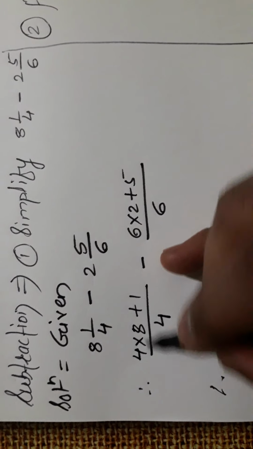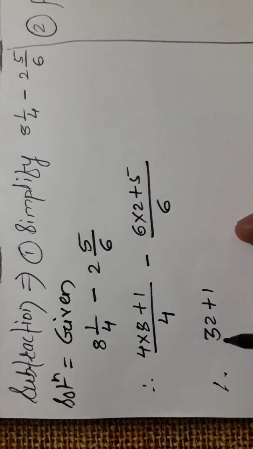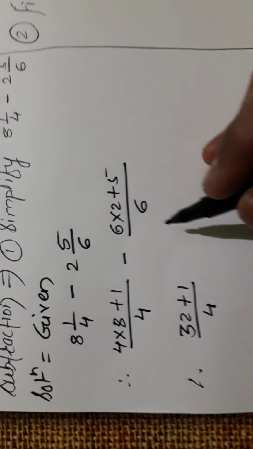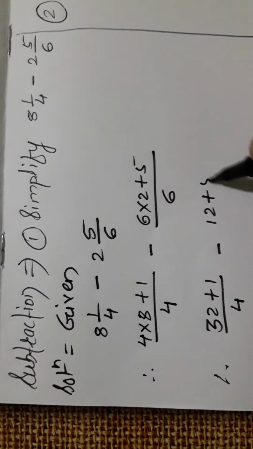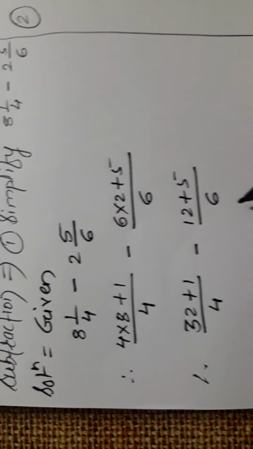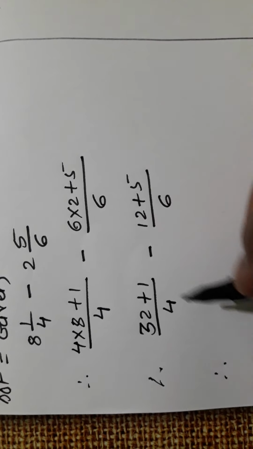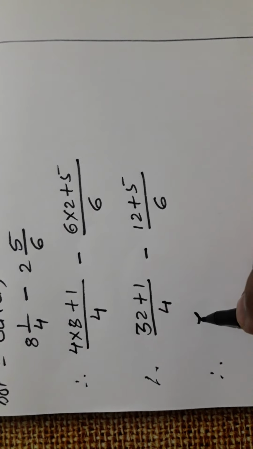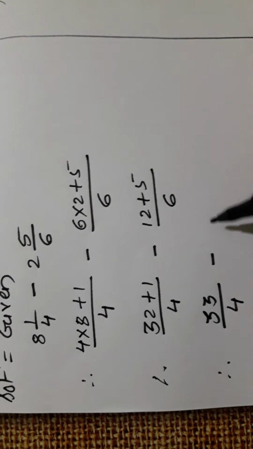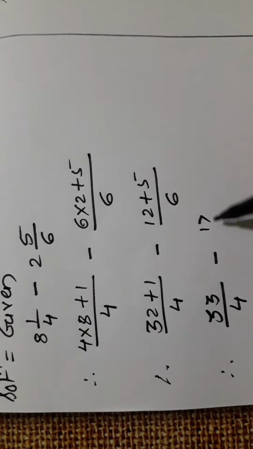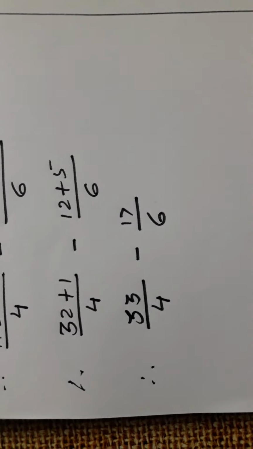Next, 4 into 8 is 32 plus 1, divided by 4, minus 6 into 2 is 12 plus 5, divided by 6. Plain. 32 plus 1 is 33 divided by 4, minus 12 plus 5 is 17 upon 6. 17 upon 6. Is it clear?